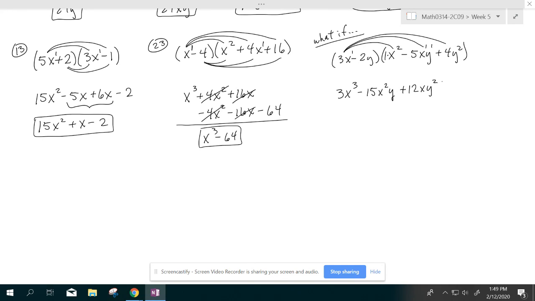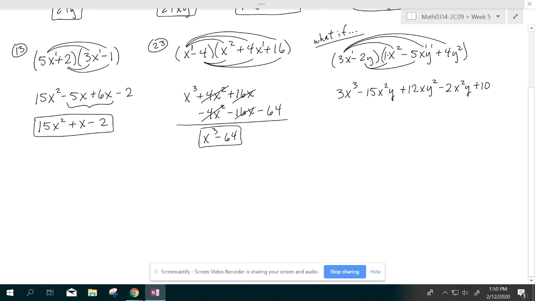And now we've used up the 3x. Now it's time for negative 2y to take a turn. So again, what is negative 2 times 1? Negative 2. And the letters don't match. x squared y. Everybody see why? It's x squared y. Next, negative 2 times negative 5.